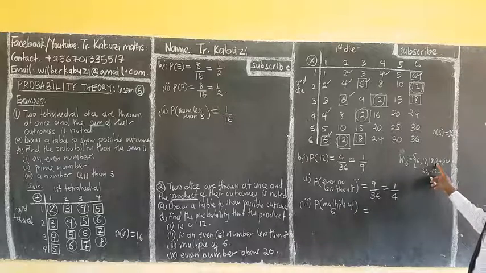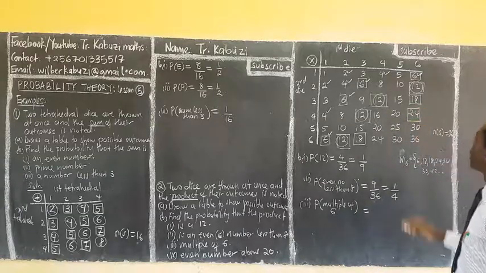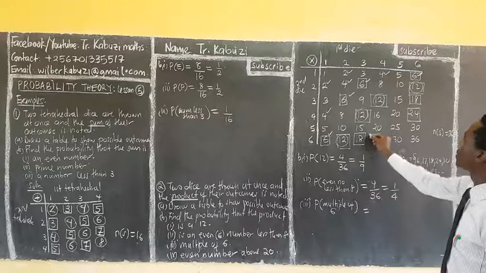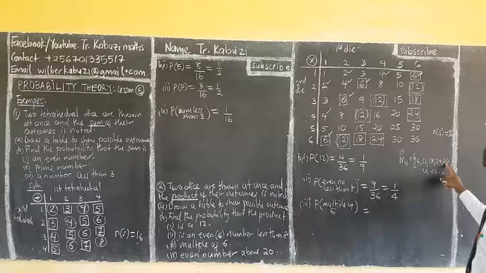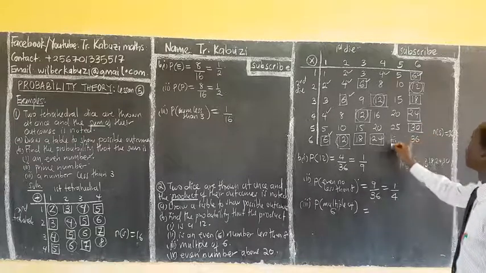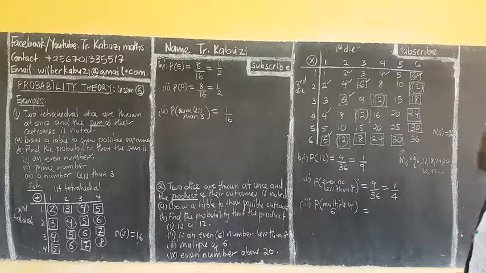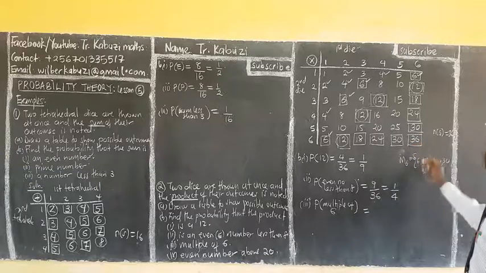Next is 24. We have it here, and another 24 is just here. Do we have 30? Yes, 30 is here. Do we have 36? Yes. Do we have 42?